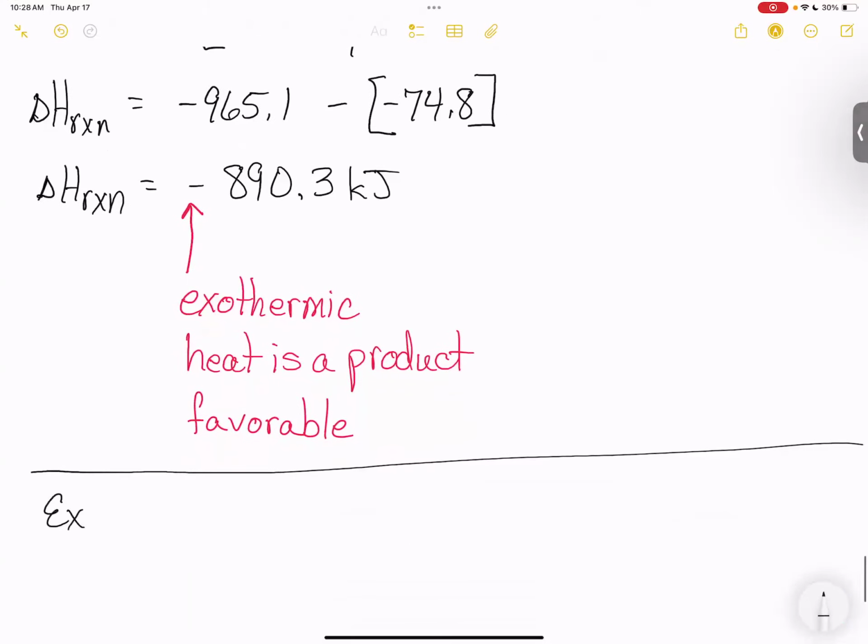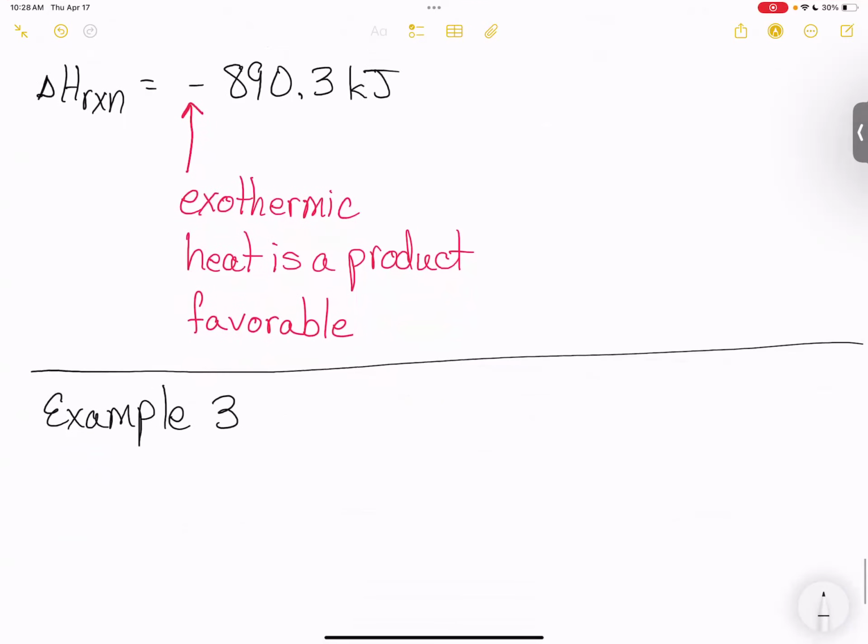Let's look at example 3. And I want you to calculate this one. I'll give you the data and I want you to do it.